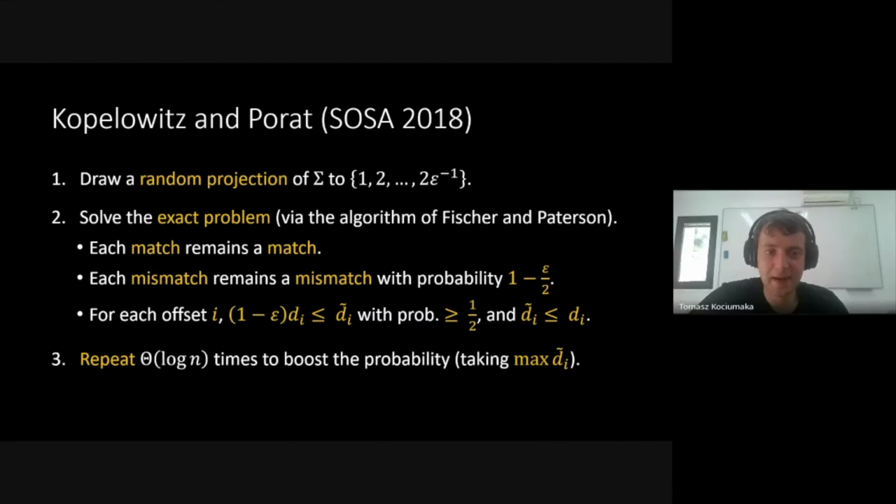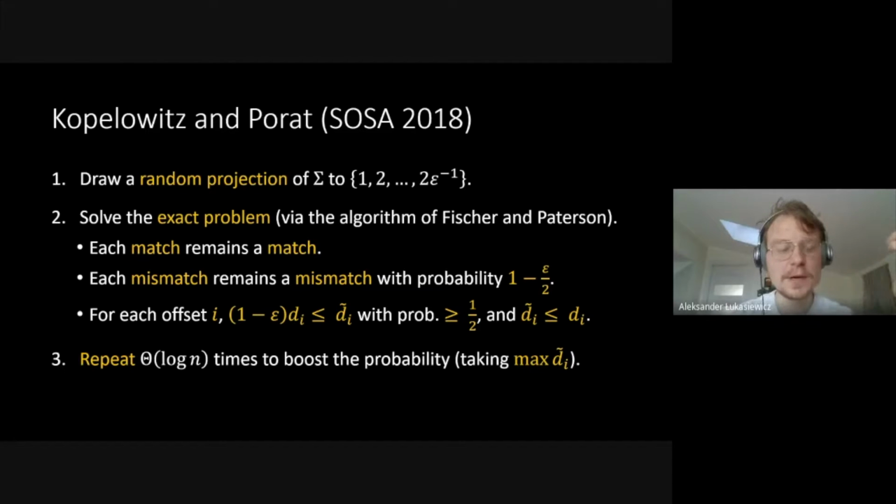So the direction of those implications is: a mismatch in the original string remains a mismatch, not necessarily the other way around. Yeah, that's true, if you look at it from the perspective of the other string, then a match might become a mismatch if you go from the projected string to the original strings. So it depends on from which pair of strings to which you go.